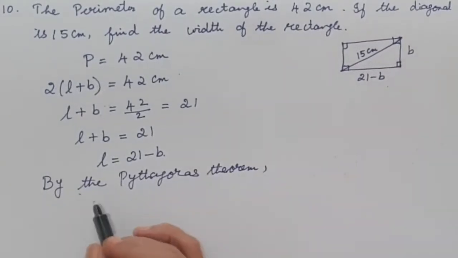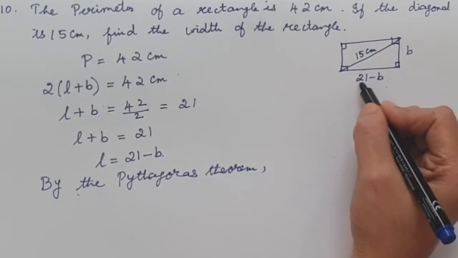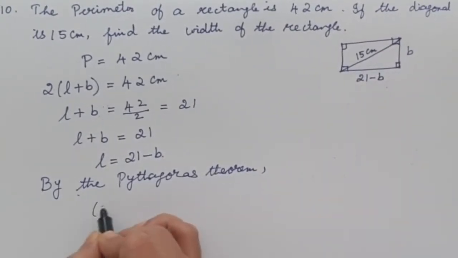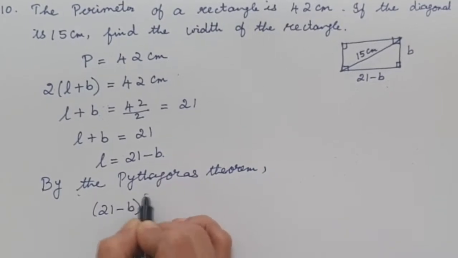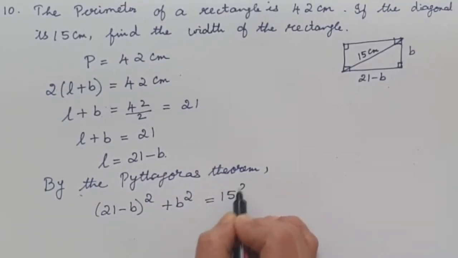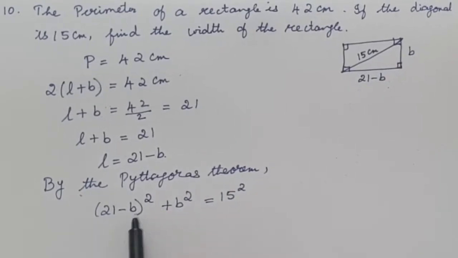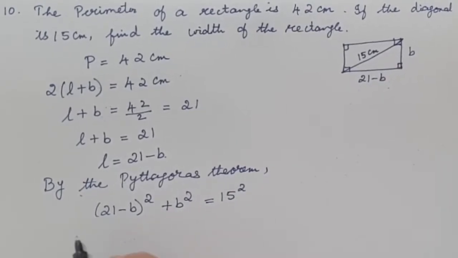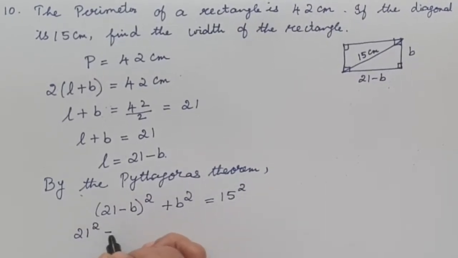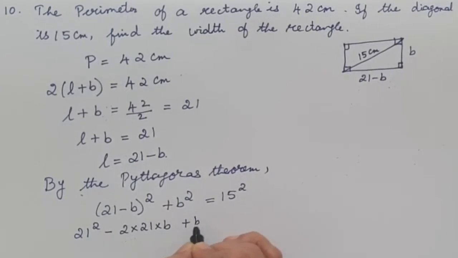Now, we know by the Pythagoras theorem, the hypotenuse square will be equal to the sum of the squares of the other two sides. So, it will be (21 minus b) the whole squared plus b squared will be equal to 15 squared. And we can apply the formula of (a minus b) the whole squared. So, it will be 21 square minus 2 into 21 into b plus b square.